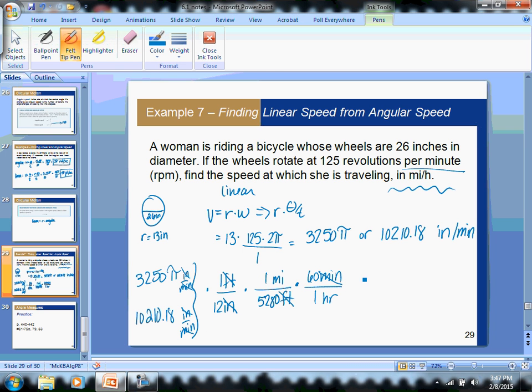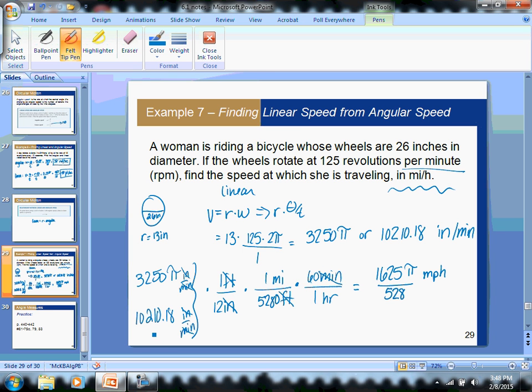Okay, so then your answer, if you were using pi, you would take the 3250 times 60, and then you would divide it by whatever 12 times 5280 is. Reduce that all the way down, and you get 1625 pi over 528. And that would be miles per hour.